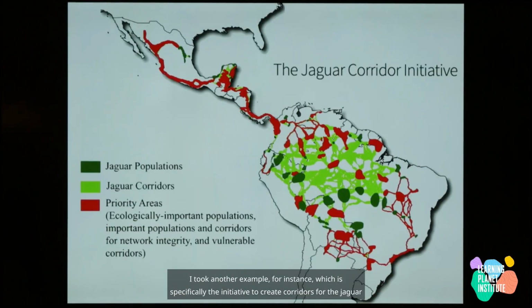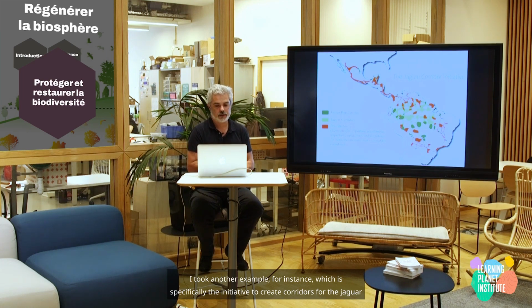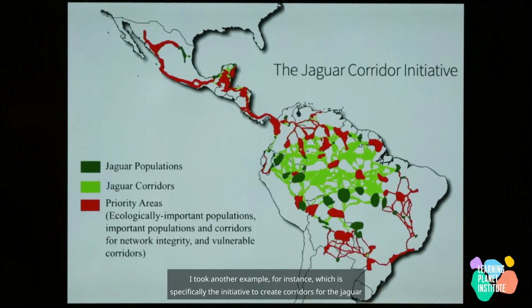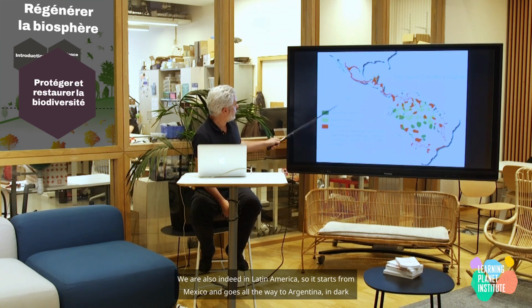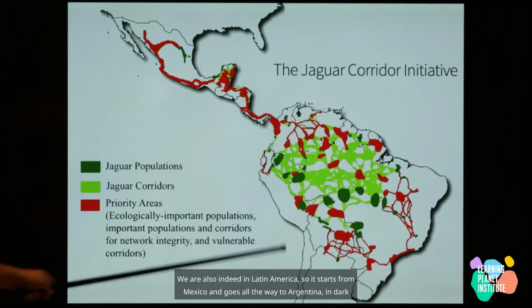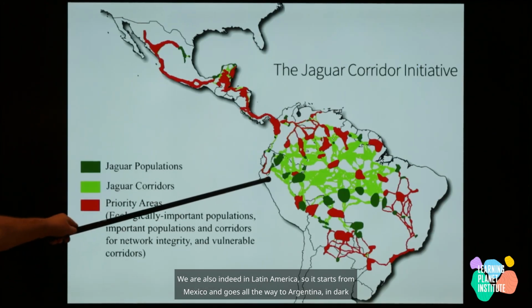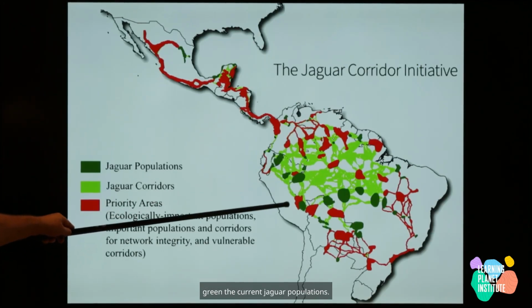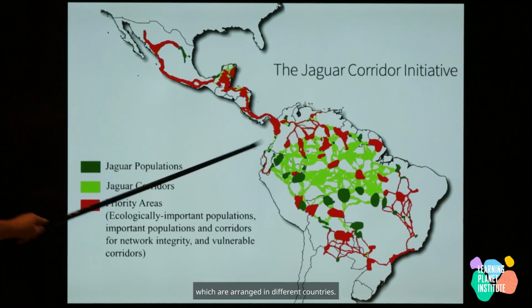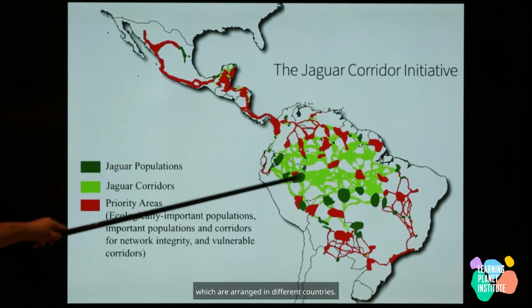I took another example, which is the initiative to create corridors for the jaguar. We are also in Latin America, so it starts from Mexico and goes all the way to Argentina. In dark green, the current jaguar populations, which are arranged in different countries.